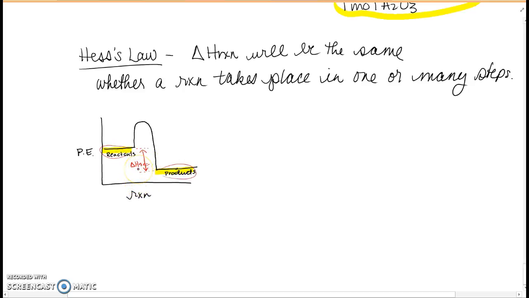Another thing with this diagram is that from where you start up to the top of the peak is known as E sub A, our activation energy, the amount of energy you have to put in to get the reaction to occur.